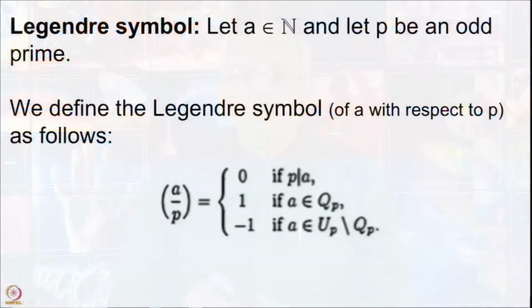Let us look at the formula once and we will then try to understand the formula in some detail. So, the formula is as given here. It says that the quantity is 0, the Legendre symbol is 0 if P divides A. So, for all the natural numbers A which are divisible by P, the Legendre symbol is 0.